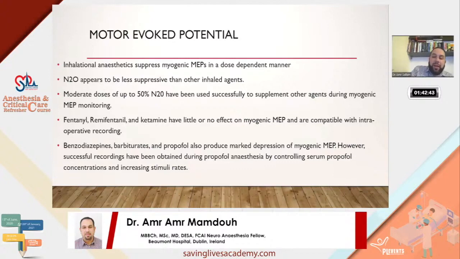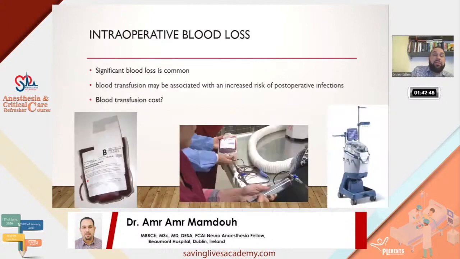The next complication we're going to discuss is intraoperative blood loss. Significant blood loss in complex spine surgery is common. Some studies mention up to 2.8 liters of blood being lost on average, which is a scary number, but it might still happen.